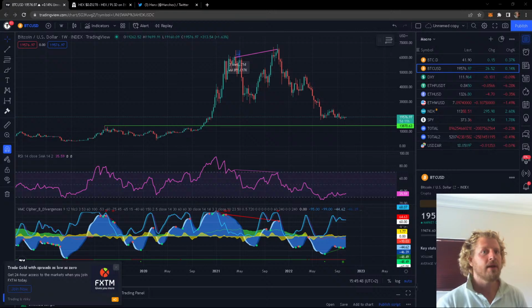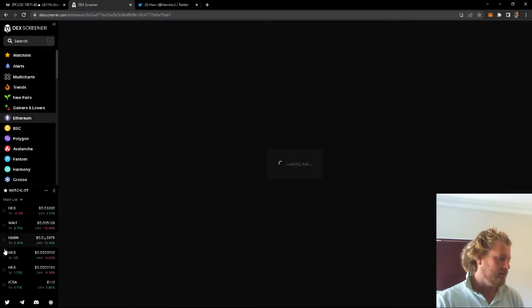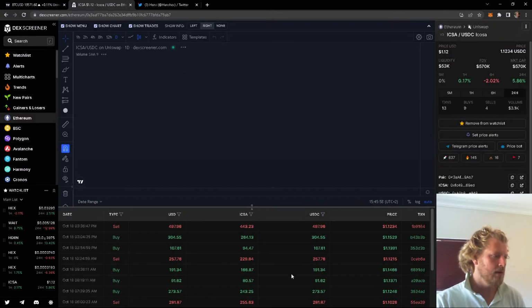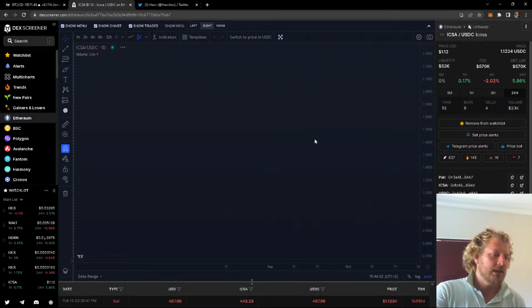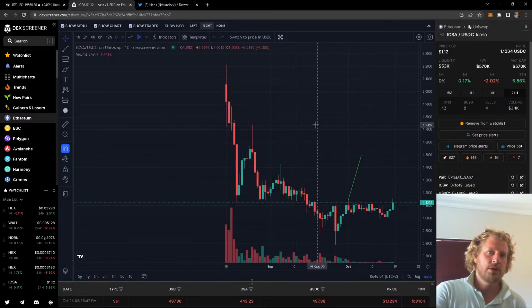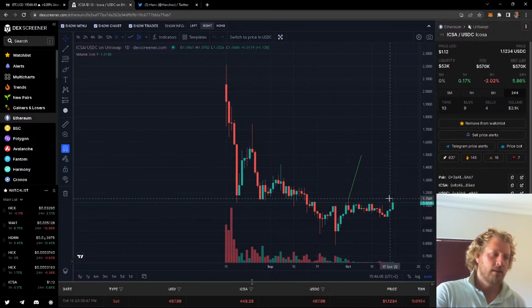The ICOSA one, I expected, and let me just pull up the chart while we're talking about it, because it's having a little bit of a pump. I expected after these auctions to be diluted a bit as well.